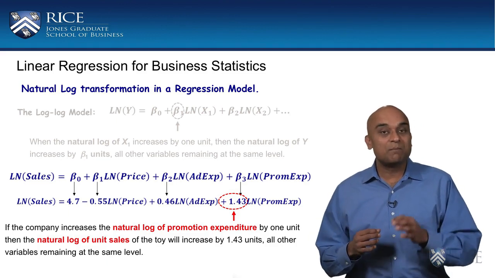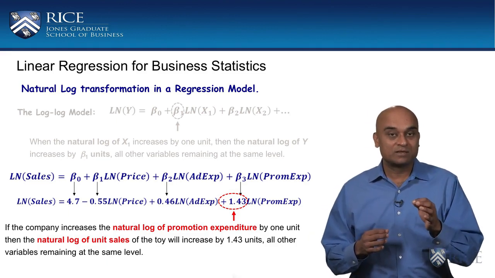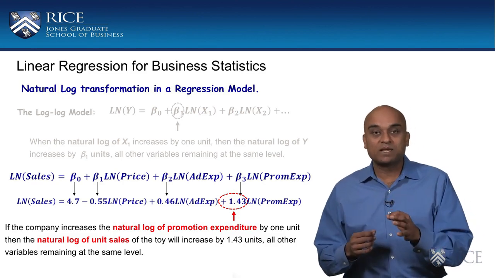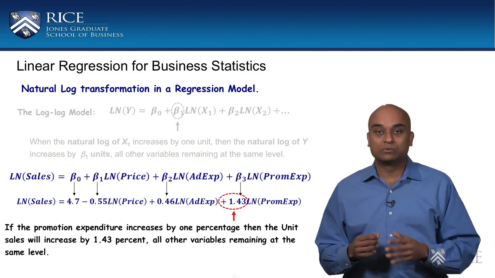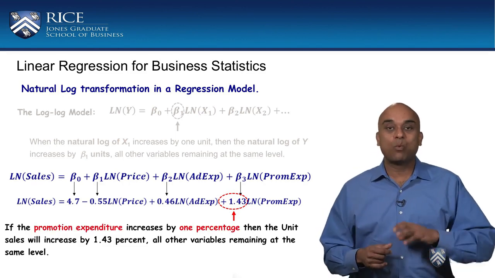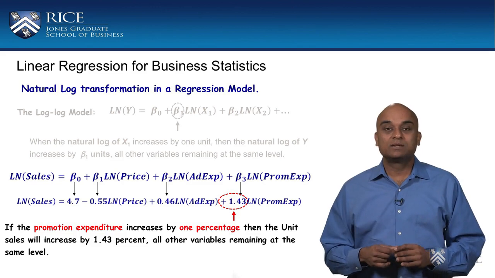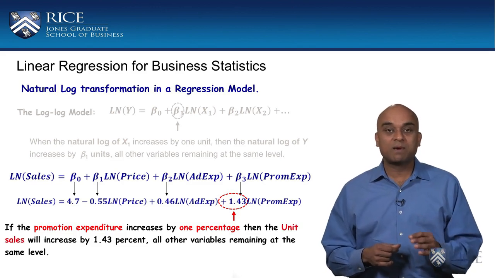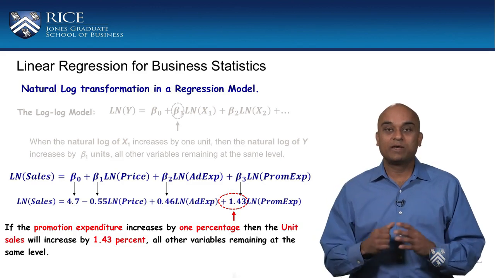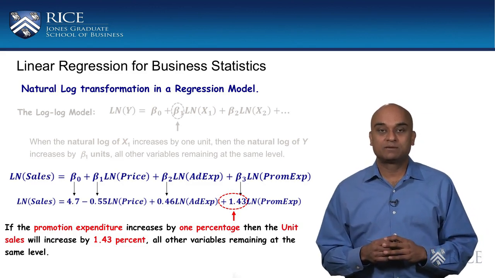However, if you do some math on this interpretation, the math part we will skip, this very interpretation transforms to as shown. If the promotion expenditure increases by 1%, then the unit sales will increase by 1.43%, all other variables remaining at the same level.